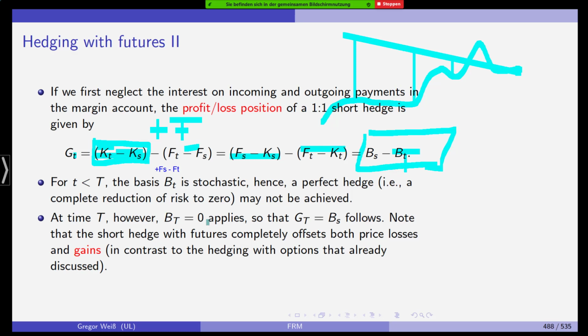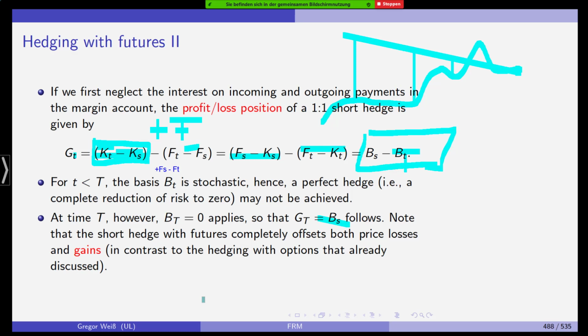So the profit and loss from our hedged position is the initial basis we could observe on the market. If B_S is slightly negative, this will be the price of our hedge. Now note that the short hedge with futures completely offsets both price losses and gains.